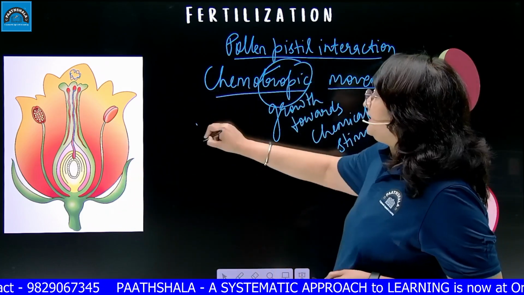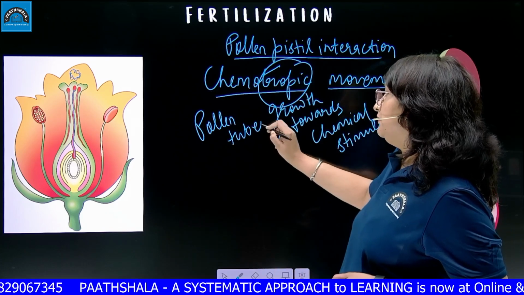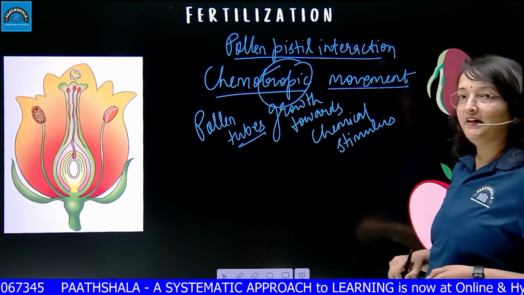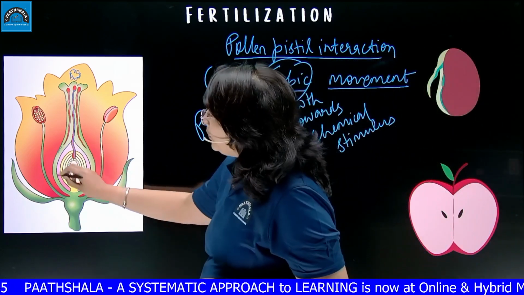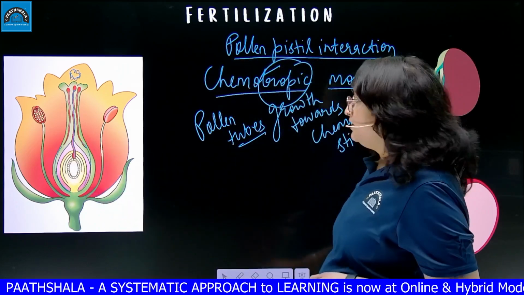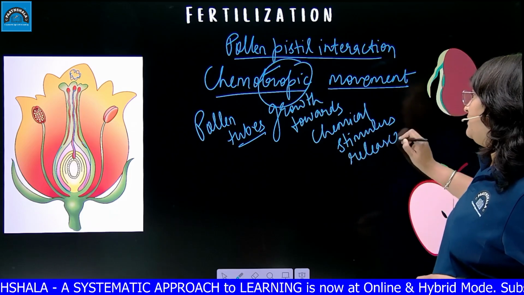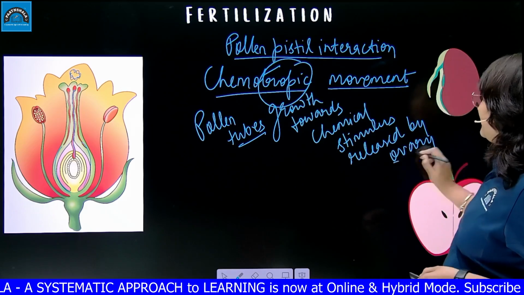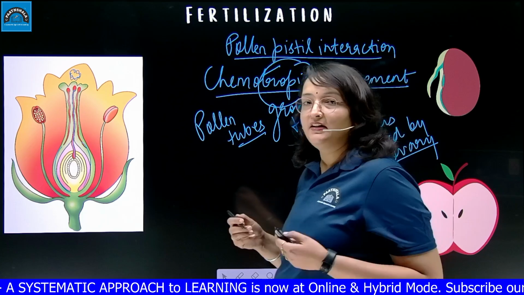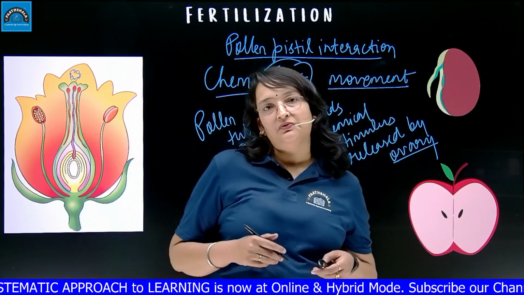So the pollen tube grows towards the chemical stimulus. Who is going to secrete this chemical stimulus? The ovary. Actually, these are sugary substances released by the ovary whenever a same-species pollen grain reaches the stigma.